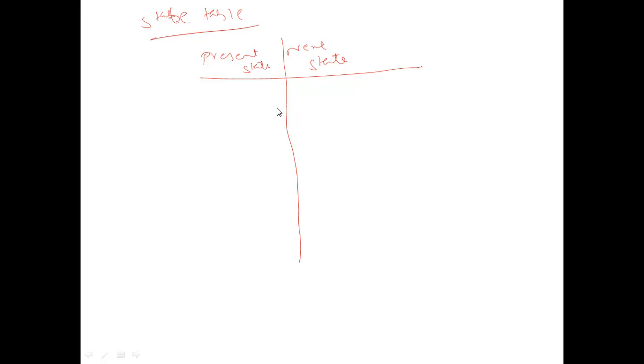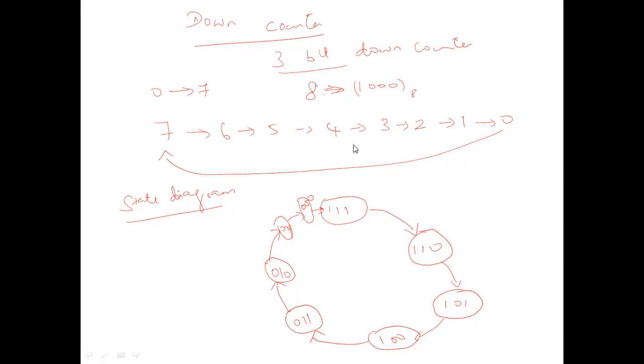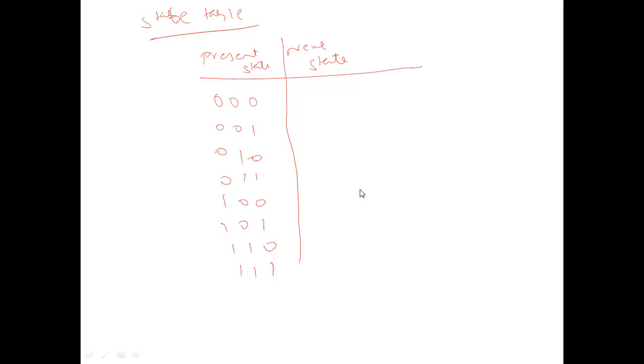For our understanding, don't write it that way. Generally we write in order because we have to do the K-map also. So start writing from 0 0 0, 0 0 1, 0 1 0, 0 1 1, 1 0 0, 1 0 1, 1 1 0, 1 1 1. You write in this order. After 0 0 0, what is the next state? You can see from the state diagram: for 0 0 0, the next state is 1 1 1. So write 1 1 1 here.